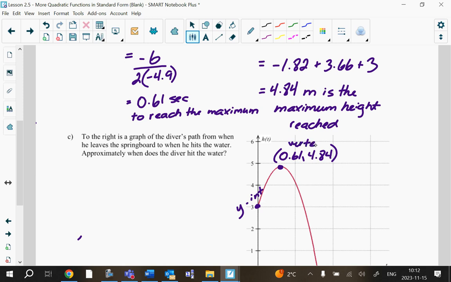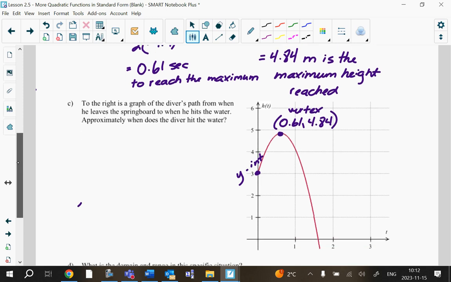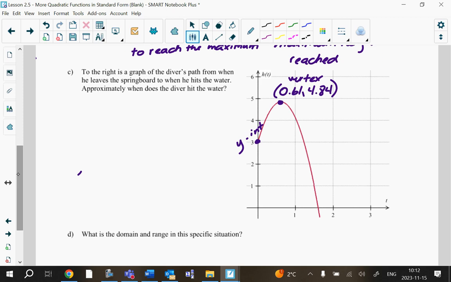So we can graph these problems like we see in part C. So you start at time is 0, which is the y-intercept. So you're 3 meters on the board. You jump. It takes you a little more than half a second to reach your maximum height before you start coming down towards the water.